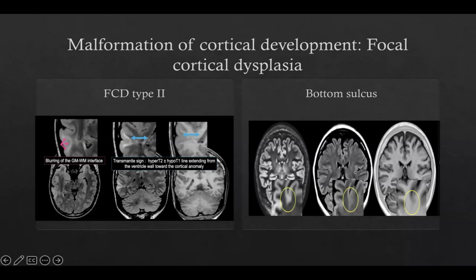Sometimes the changes are very subtle and might be missed, especially when it involves only the bottom of the sulcus, the inferior aspect of the sulcus. If you look here, there are just subtle hyperintense signals with loss of gray-white matter differentiation. And this is what we call bottom-of-sulcus FCD.